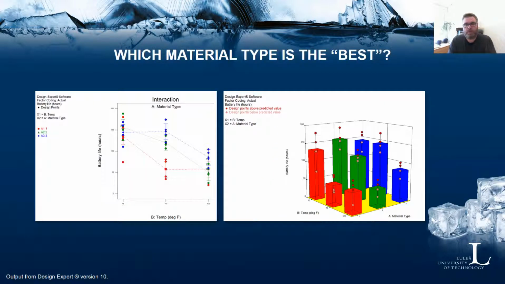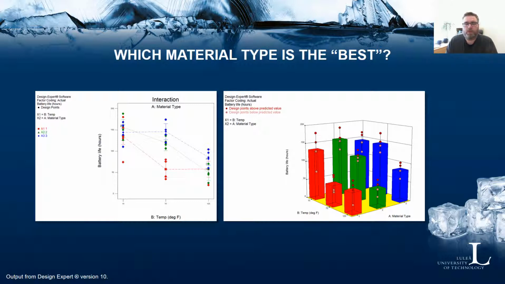Okay, so finally in this example, let's try to decide which material type seems to be the best, that is, to give the longest battery life over the different tested temperatures. This is not very trivial because we have this interaction effect, so it is useful to look at some of the plots from the software.